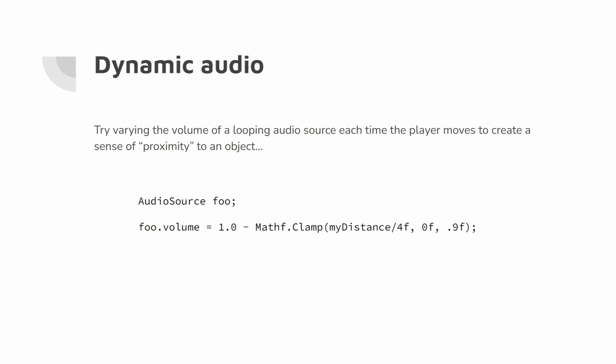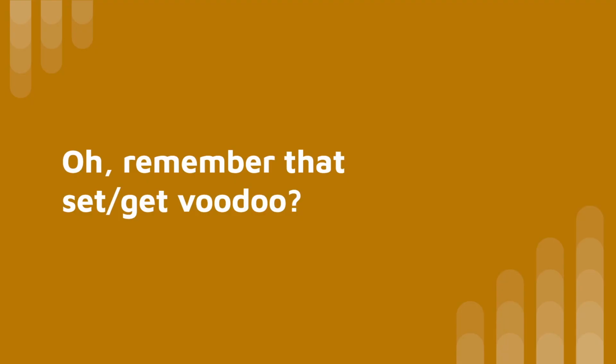So the closer we get, the closer to 1 the volume will get. The further we are away, the closer to 0.1 the volume will ultimately wind up being, because it'll be 1.0 minus this 0.9. Right? That makes sense? All right, so this is the blueprint. You got it right here.